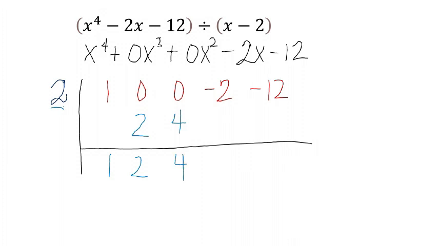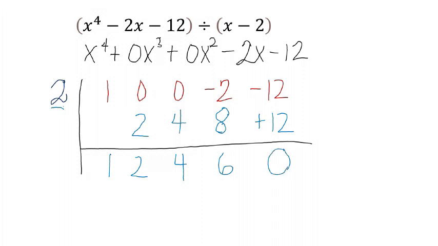Multiply 2 times this 4, which equals 8, and we put that 8 in our next column. Add that column: -2 plus 8 equals +6. Likewise, we multiply the 2 times the 6, which is +12. We add -12 plus +12, and we get 0.